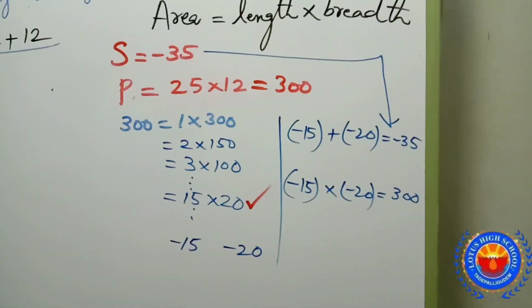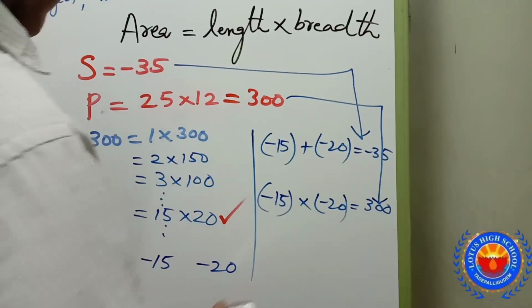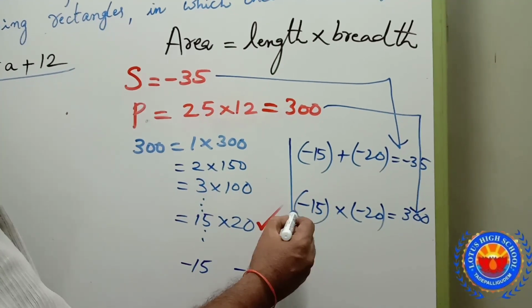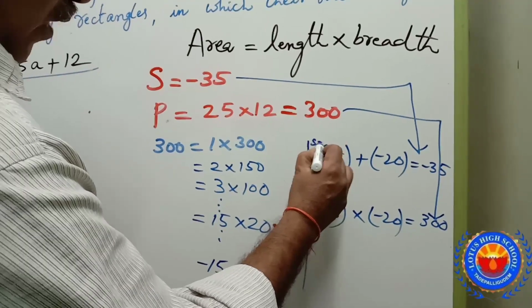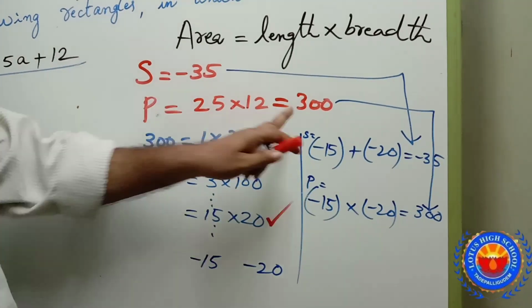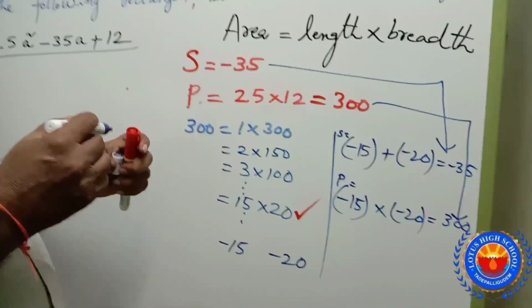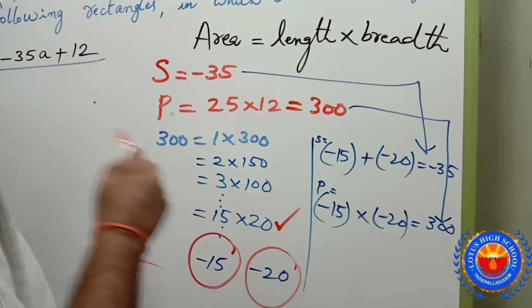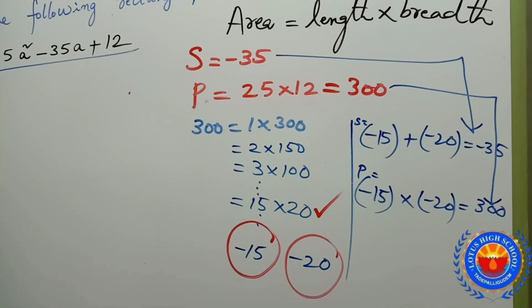So both here: product is equal to plus 300, sum is equal to minus 35. So my numbers are minus 15 and minus 20.